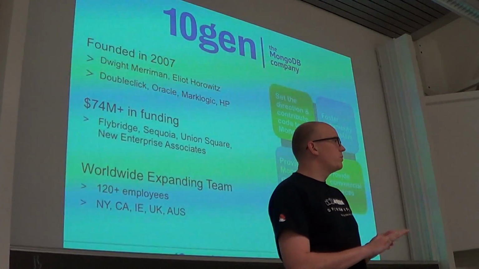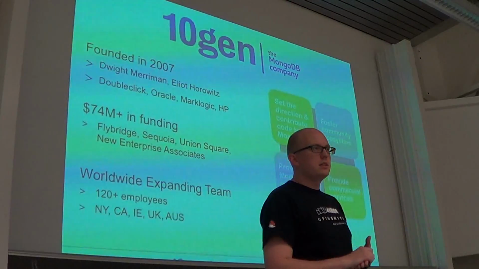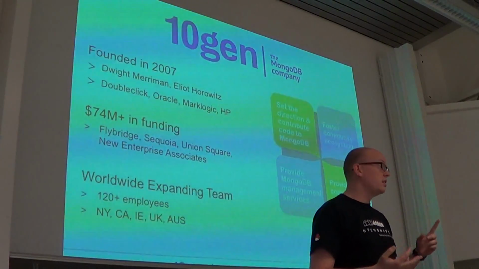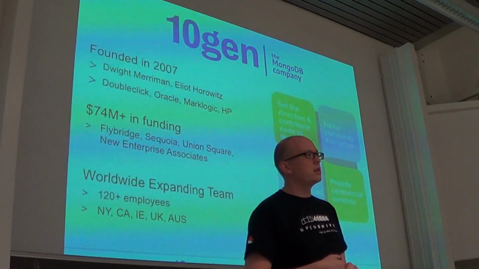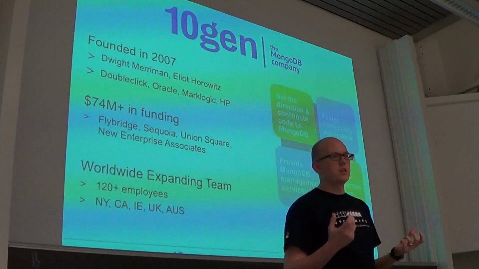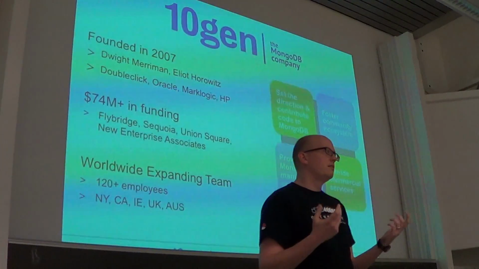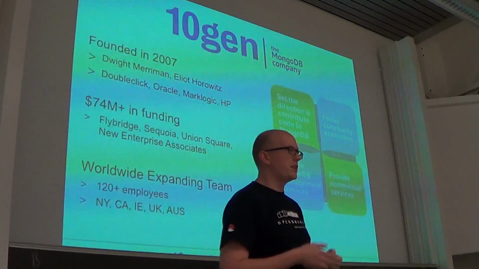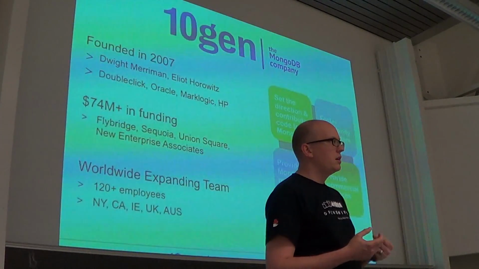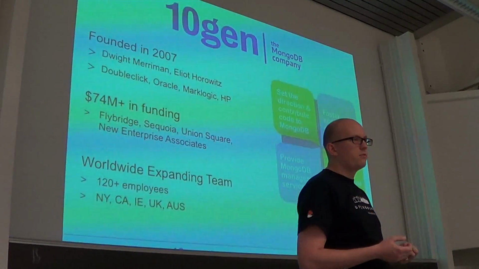DoubleClick had a huge problem scaling out their data. They had to keep creating custom databases, custom sharding, custom caching layers, all these kinds of things. Because after a while, you can go to a bigger and bigger box, but when you're serving 20 billion ads a day, there aren't big enough boxes to scale up to. So then you have to start spreading out the load across multiple machines. And so that's where they'd come from.